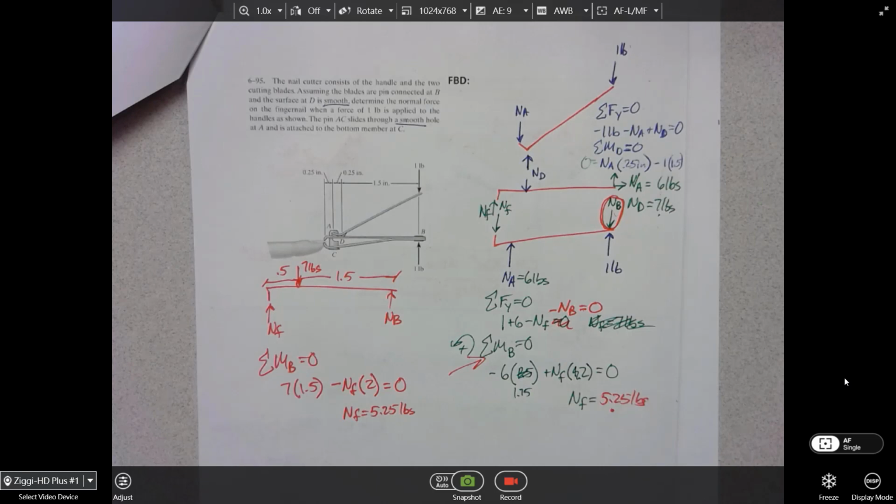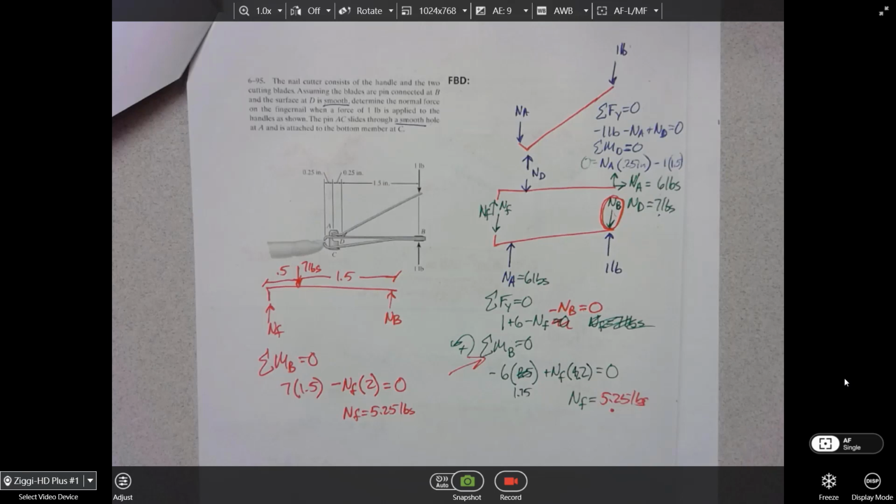And it looks like the forces on this, I should make this one just a little bit longer probably, are 1 pound here, 1 pound here, right? And then we'll have, assuming the blades are pin connected at B, back here, and the surface at D, that's right here, is smooth.